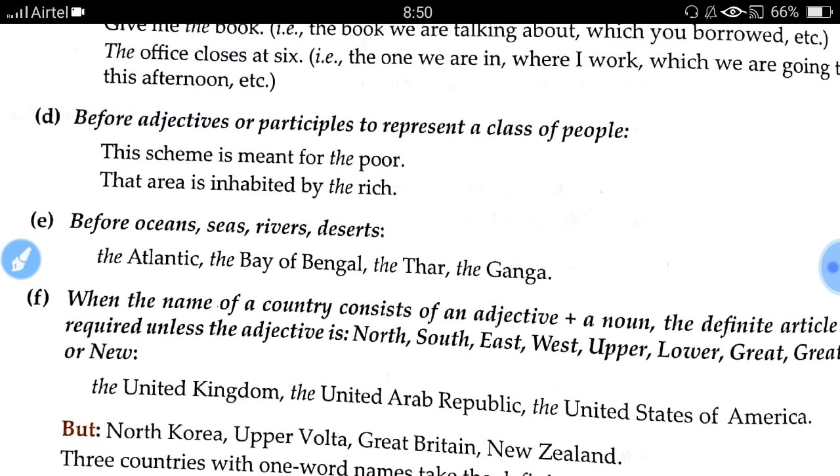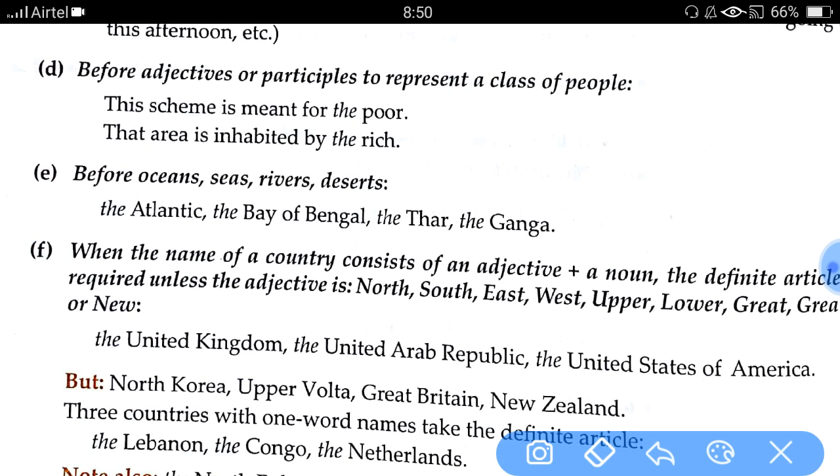Then next we have before adjectives or participles to represent a class of people. This scheme is meant for the poor. The poor here, and the rich, is the word used for common.